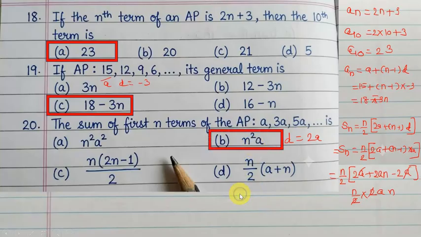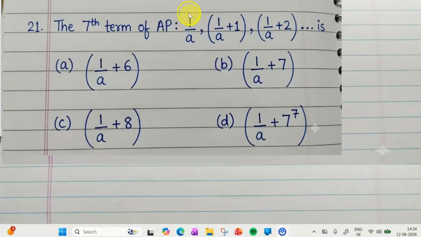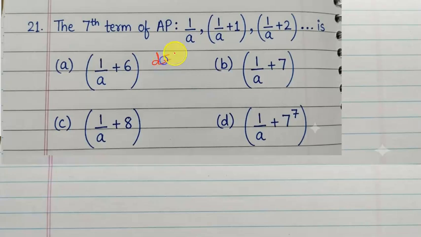Okay. Next, the seventh term of the AP. What is the AP? 1 upon a. This is the first term. 1 upon a plus a. Then the common difference will be 1 upon a plus 1 minus 1 upon a, and hence the common difference d is equal to 1. The first term a is 1 upon a.